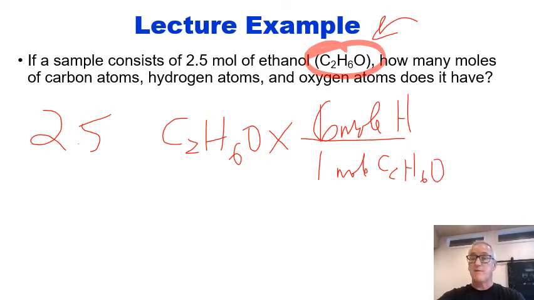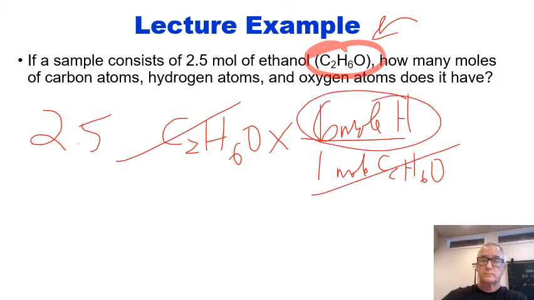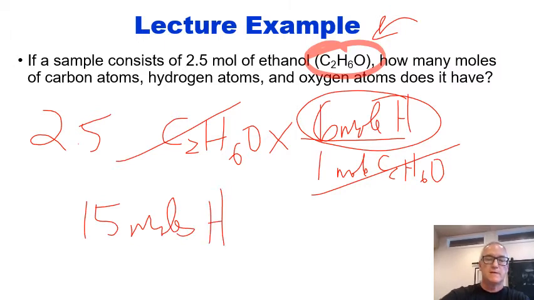Then, as we've always done, we eliminate the same unit that's on the top and the bottom. I have moles of ethanol here and moles of ethanol here, and the only unit I have left is moles of hydrogen. So 2.5 times 6 gives me 15 moles of hydrogen.